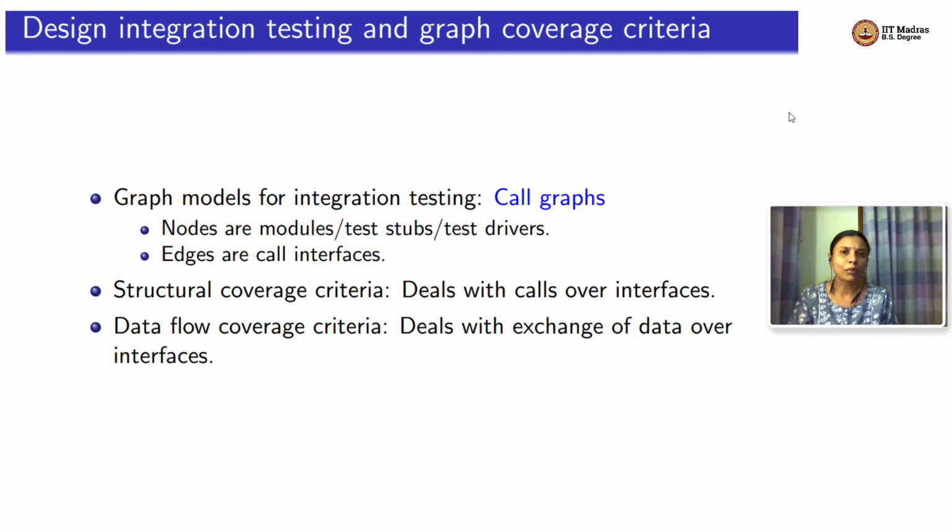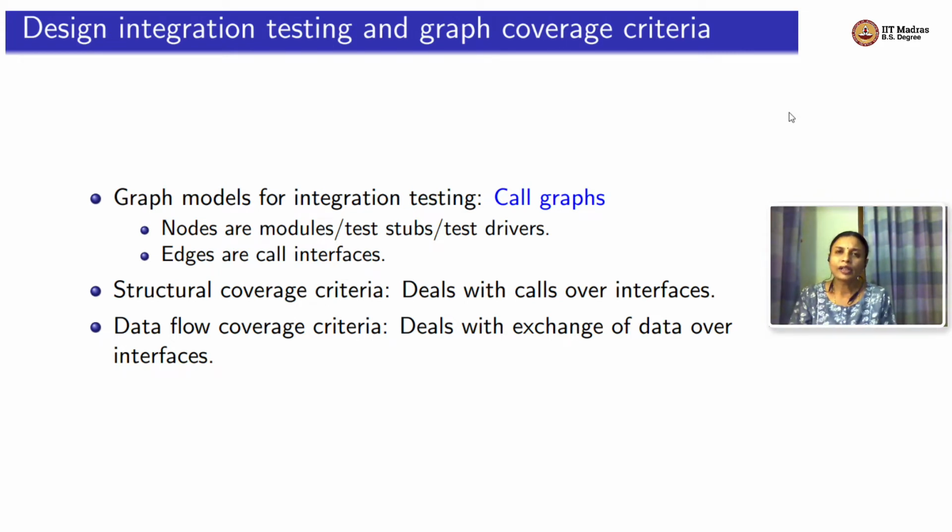Sometimes the method may not be ready, as we saw last time, in which case you write a dummy method like a stub or a driver. So nodes would be either methods or their stubs or drivers, which are written for the purpose of testing. Edges are call interfaces, the methods calling each other, or a stub written to call the method that is ready to be tested. In this, we'll see structural coverage criteria and data flow coverage criteria.